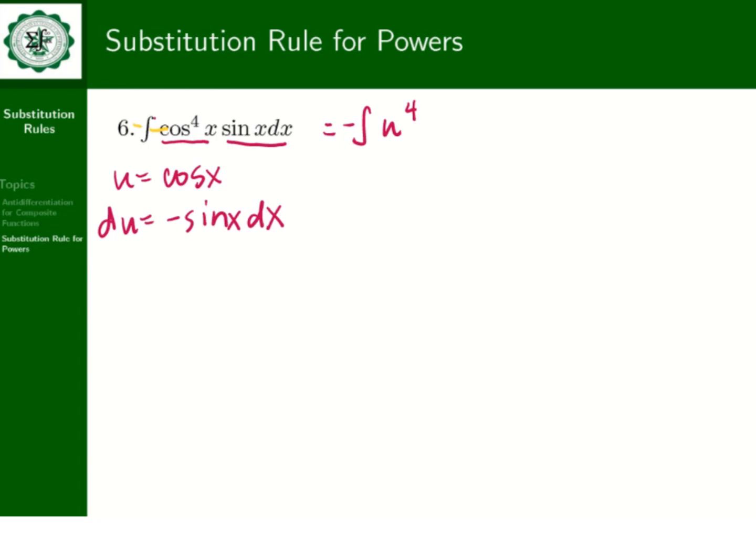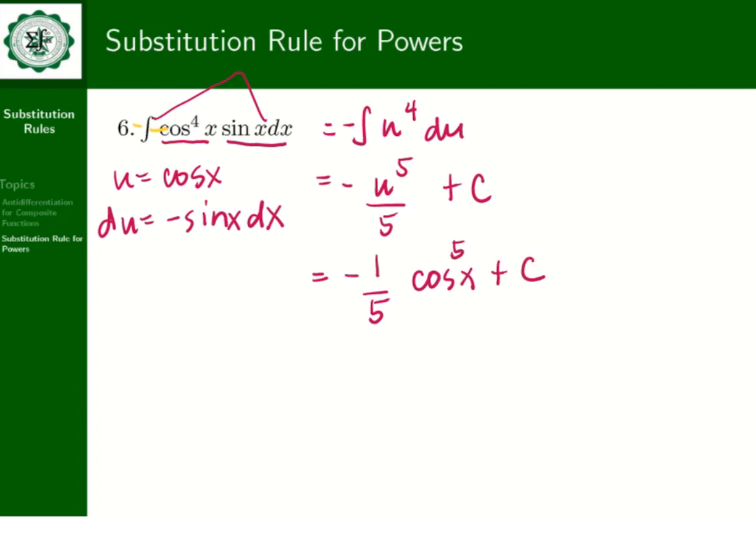So negative sine x dx will now become du. And so the integral will be negative u raised to 5 over 5 plus c. And then performing back substitution, we have negative 1 over 5. We replace u by cosine x. So this is raised to 5 and then plus c.